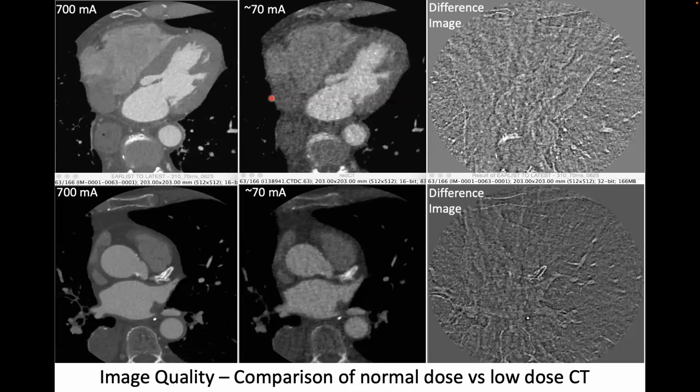And so you can put an ROI on it and ask, what's my signal to noise in the left ventricle? If I put a circle here and measured the signal to noise ratio of the blood to the background, it does not go down as quickly as you would expect when you drop dose. And the reason is the manufacturer does not let it. They smooth that data so that the signal to noise ratio stays as constant as possible.